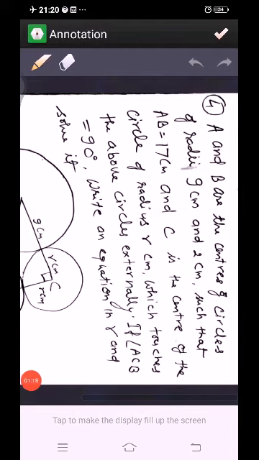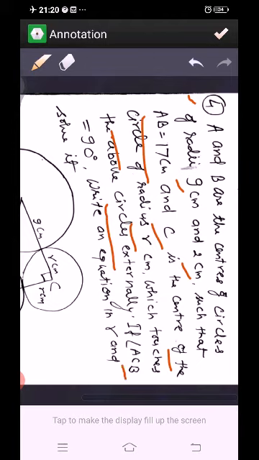Let us take question number 4. A and B are the centers of circles of radii 9 centimeter and 2 centimeter, such that AB equals 17 centimeter, and C is the center of the circle of radius r centimeter, which touches the above circles externally.